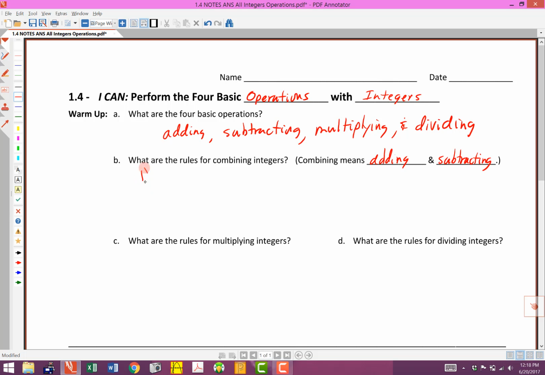First thing is only one sign in front of each number. So we can only have a positive or a negative, can't have two of those next to each other. If we do, we use the rules for multiplication in order to do that.